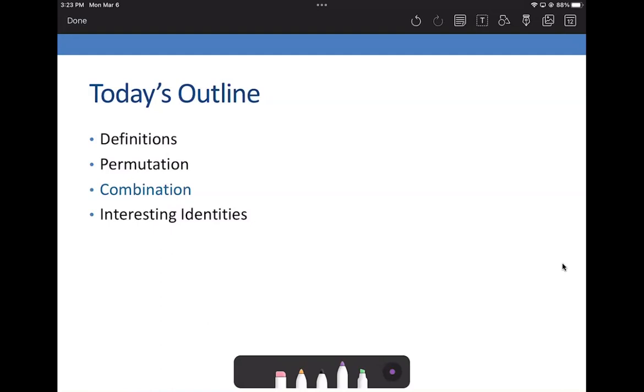Permutation, ma'am. In permutation, the elements are listed in a specific order. Meanwhile, the combination can be listed in any order. Okay. Thank you, Yvonne.